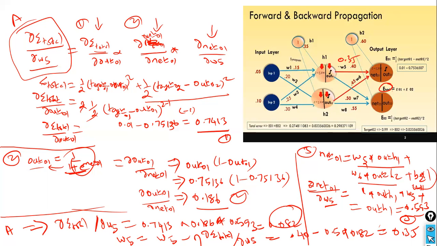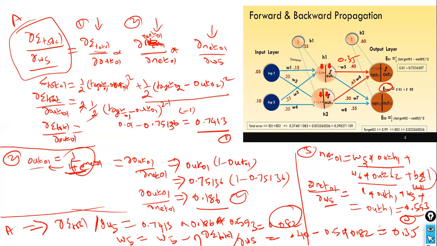Now we need to compute the error. The error is depending on this one, and this one depends on the value emitted by this one, and then this one is depending on this one and this one. In order to find out the error with respect to W5, you need to go from here to here. This is how you can find it out.